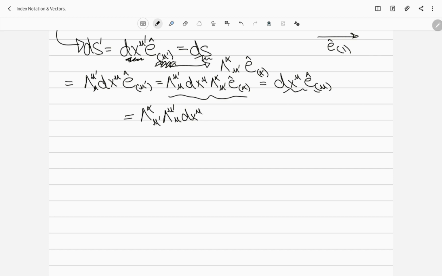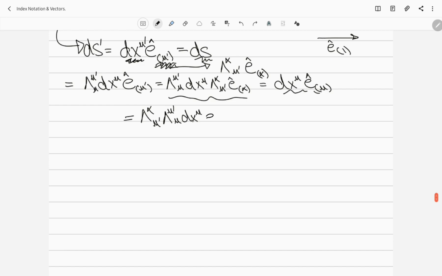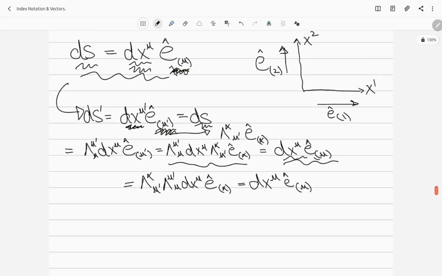And this is equal to dx^μ e hat_μ, from this thing, because it has to be equal to ds for it to be invariant.